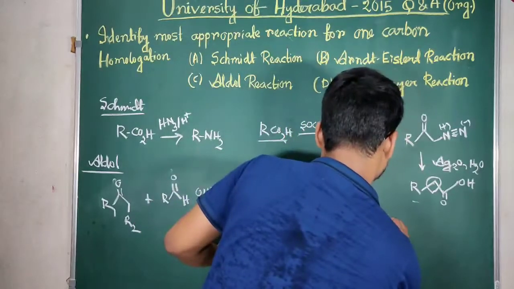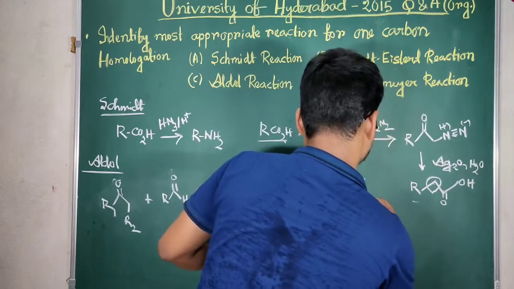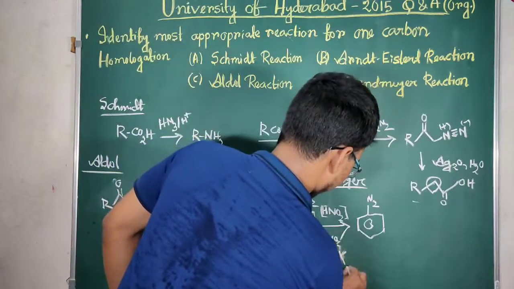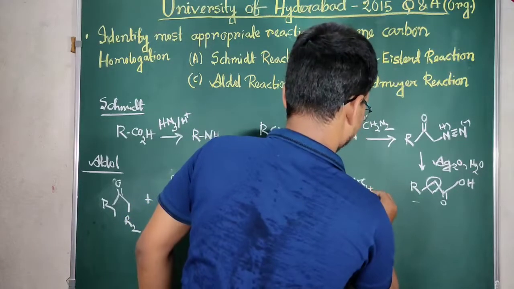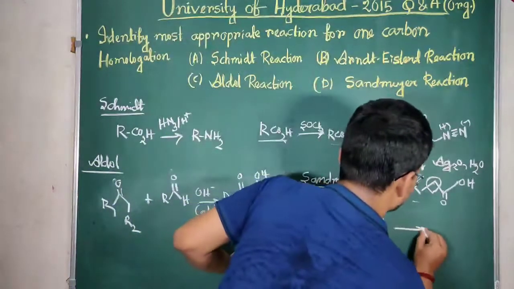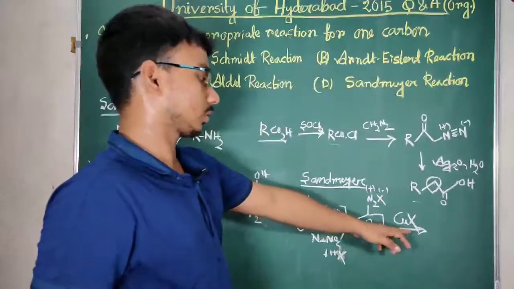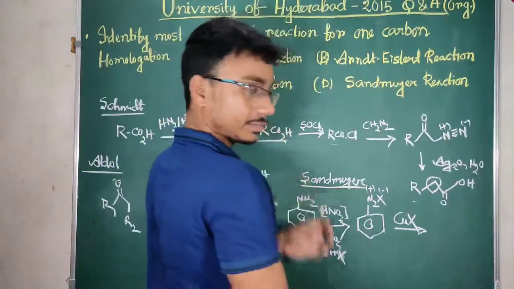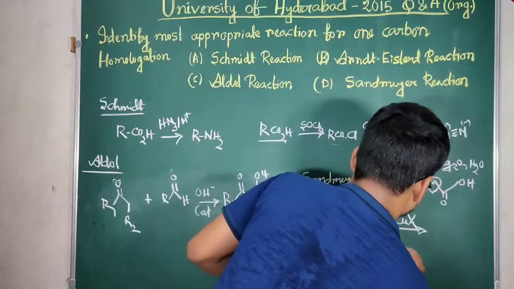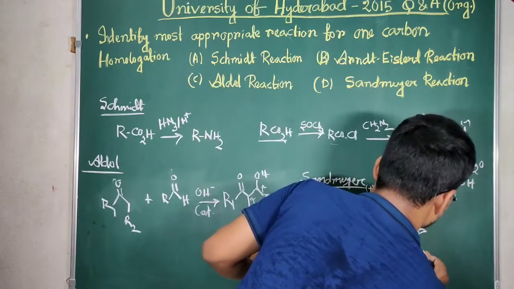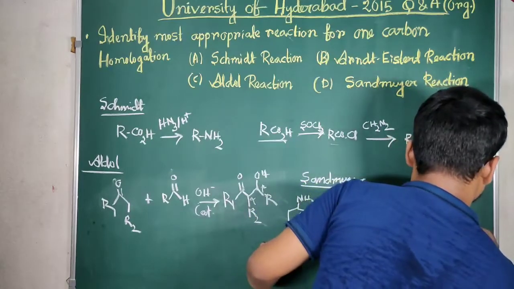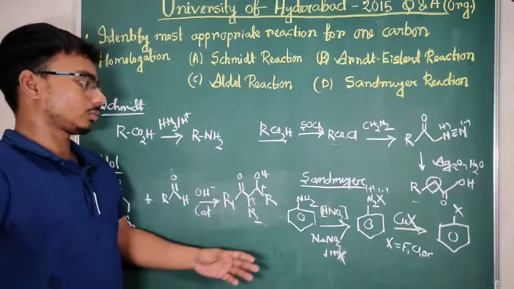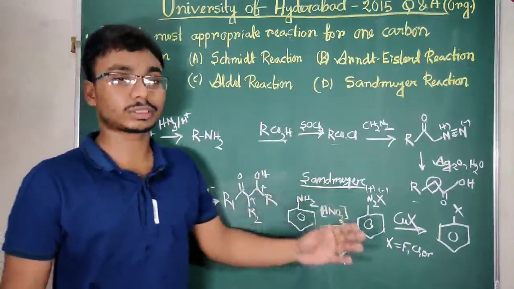Then we get the diazonium salt. You may take HX, then here you get X minus, then you can take CuX. Whatever you take as X, Cl, Br, then we will get the corresponding aryl halide.